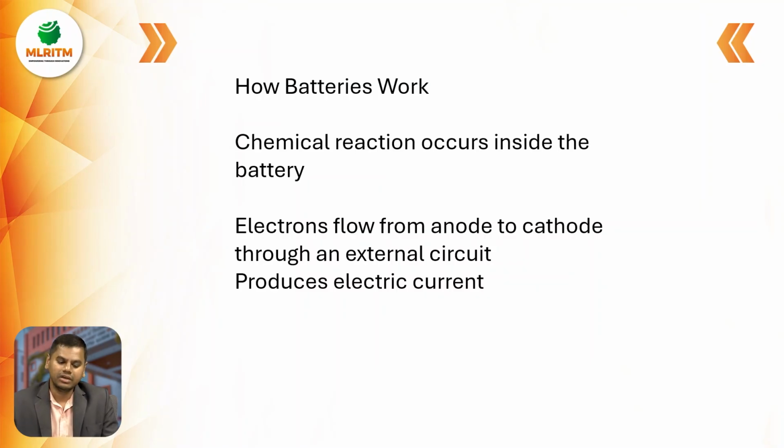So a chemical reaction occurs inside the battery, and electrons flow from anode to cathode through an external circuit, and it produces the electric current. This is the working procedure of a battery.